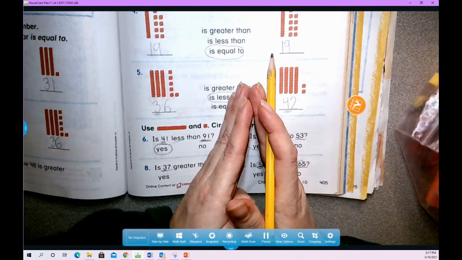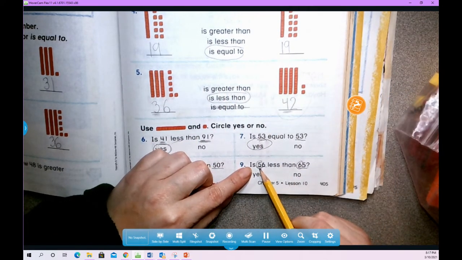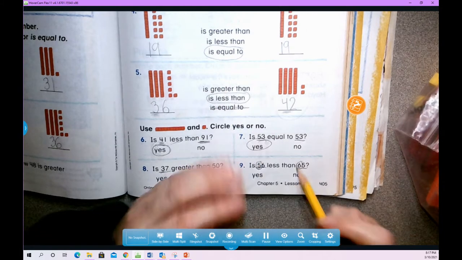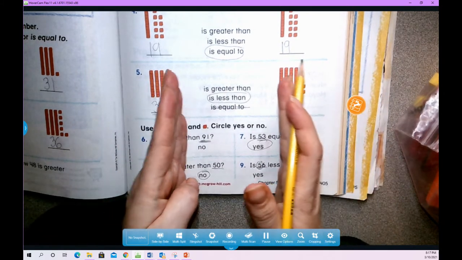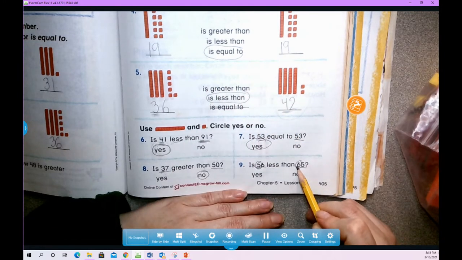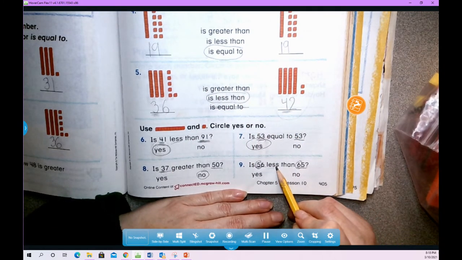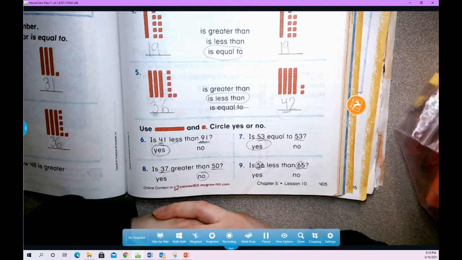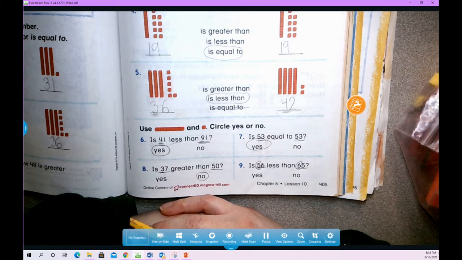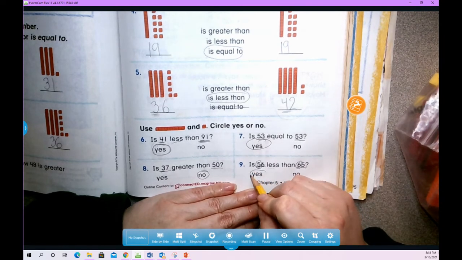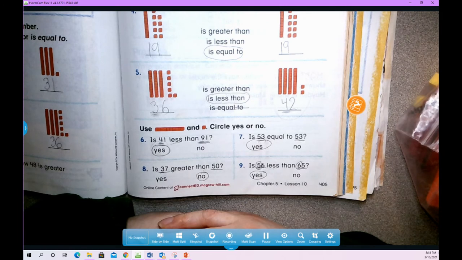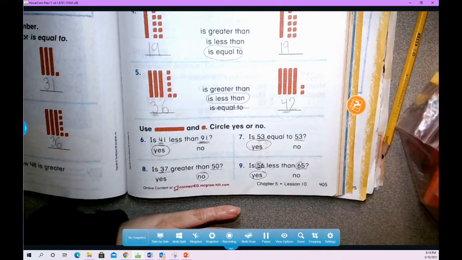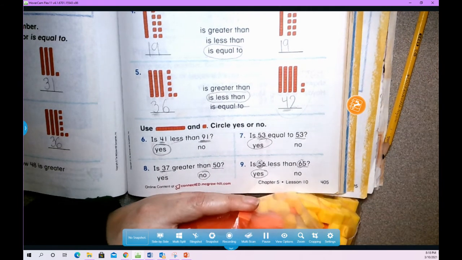Remember, less means smaller. So is 5 less than 6? Is 5 smaller than 6? Is it less than? What do you think? Yes, it is. It is less than. Good job, guys. We're all done.